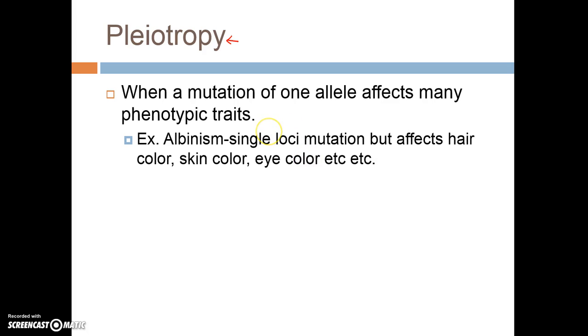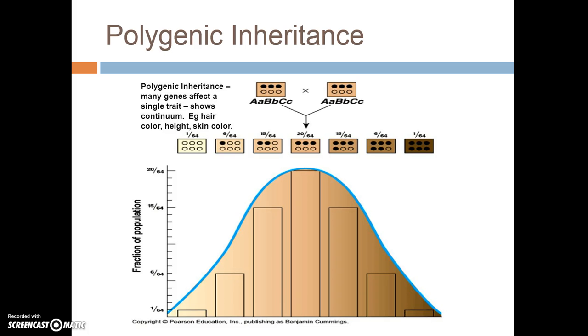Their eye color, you'll never see an albino person have brown eyes unless they're wearing contact lenses. So it's going to affect eye color. A lot of different phenotypic traits are affected by one single mutation, okay? So that's pleiotropy.